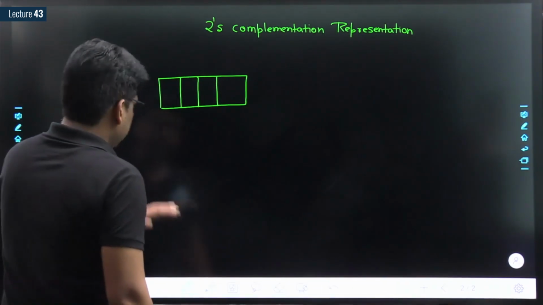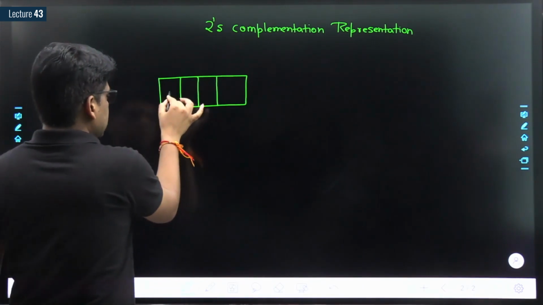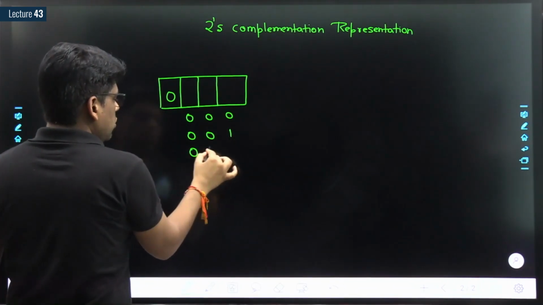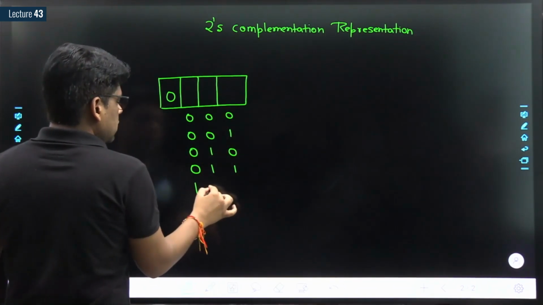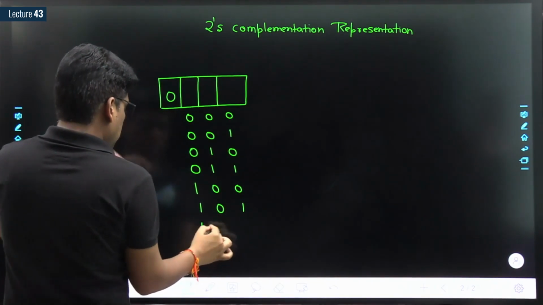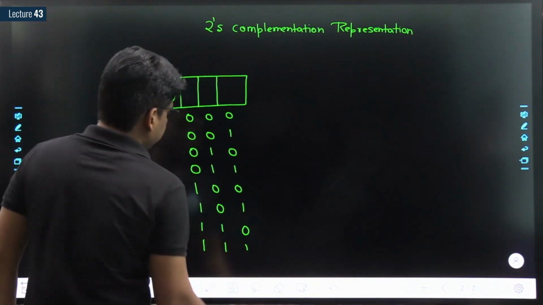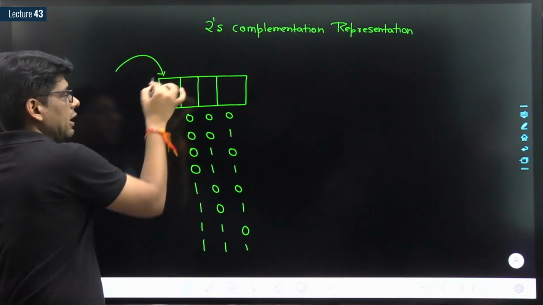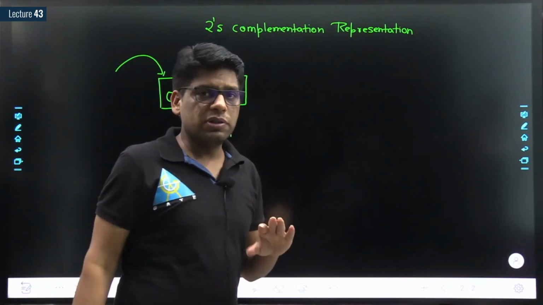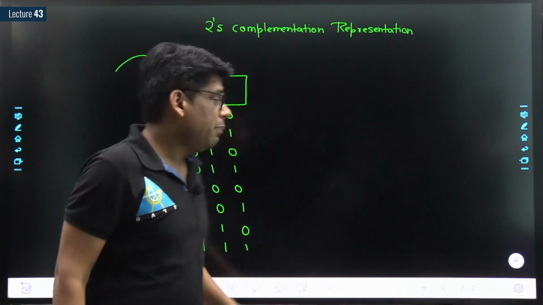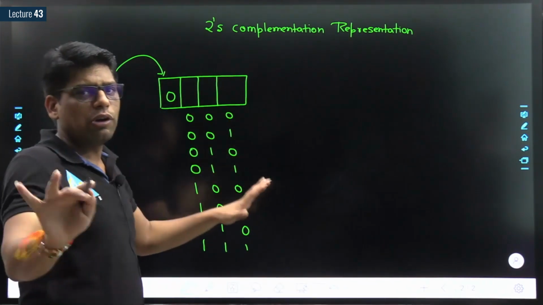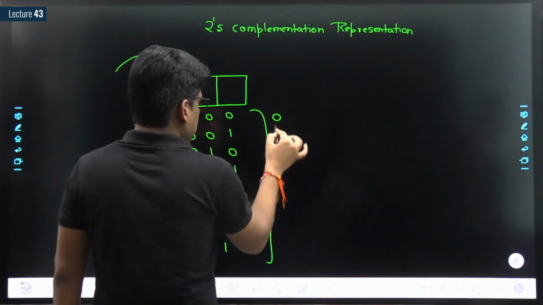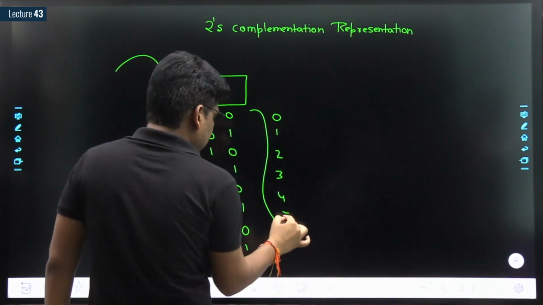For positive numbers we have 0000, 0001, 0010, 0011, 0100, 0101, 0110 and 0111. Positive numbers are stored as they are. How does the computer evaluate? By looking at the MSB. If it is 0, all these are positive, so we have numbers 0, 1, 2, 3, 4, 5, 6, 7.